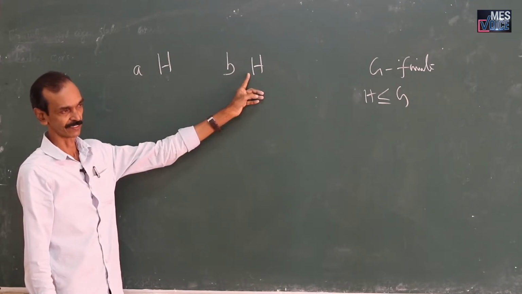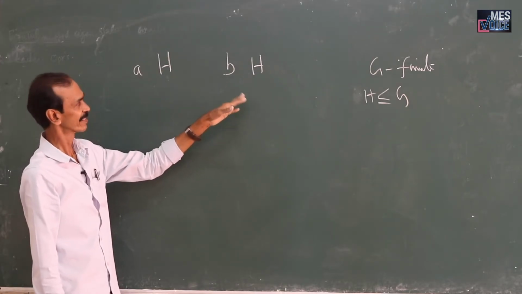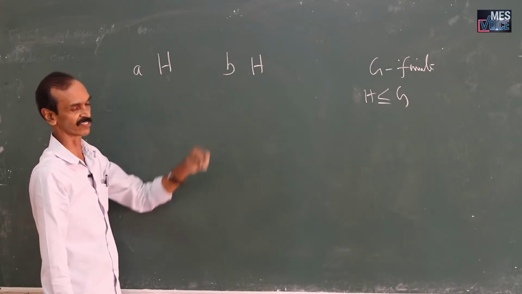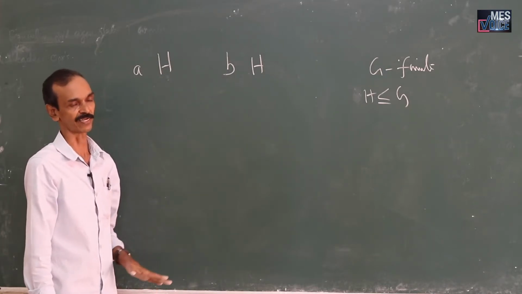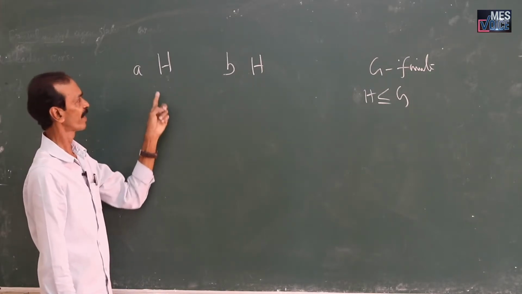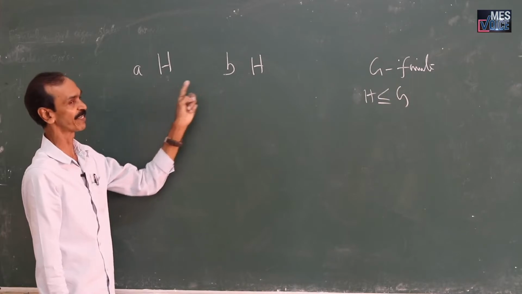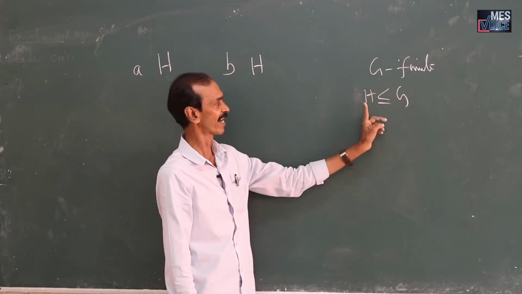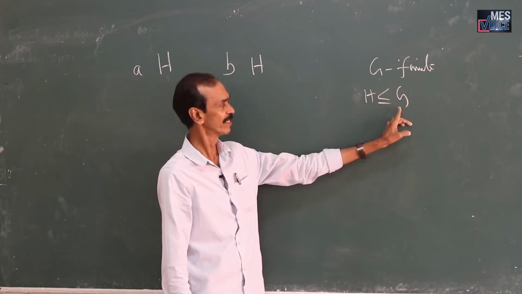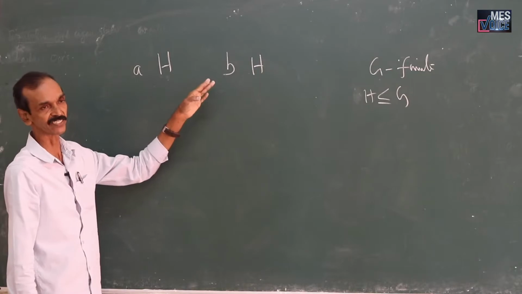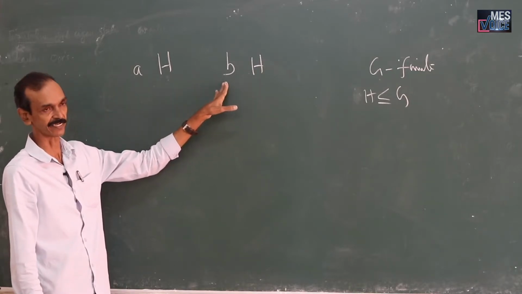But what about the number of elements in each of these left cosets of H in G? I can prove that the number of elements in these two cosets are actually equal. I can easily prove it by establishing a one-to-one correspondence between these sets. Remember, G is a finite group and H is a subgroup of G, and so H must be finite. Hence, AH and BH are of finite cardinality.